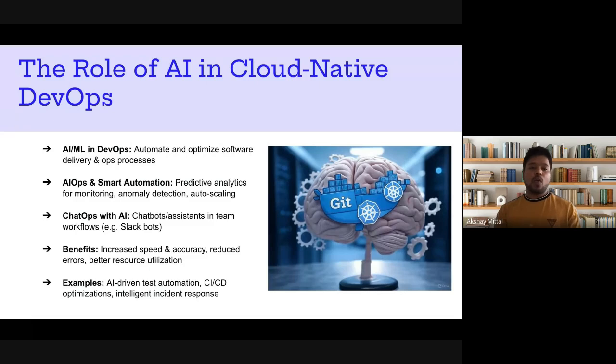So now let's focus on how AI is revolutionizing the world of cloud native. A lot of people are calling this DevOps 2.0, right? The primary role of AI and machine learning in DevOps is to automate and significantly optimize our software delivery and operation processes. This leads to the rise of something called AIOps, which leverages predictive analytics for tasks like monitoring, detecting anomalies, proactively and intelligently managing auto scaling.